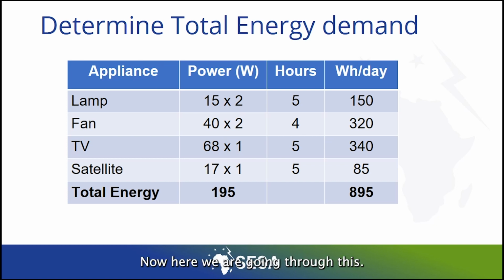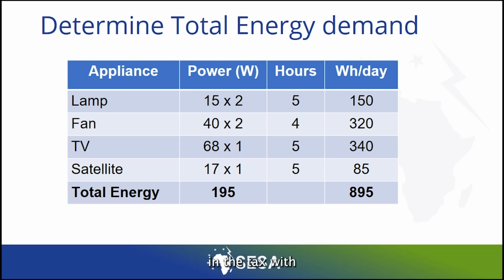Now, here we are going through this exercise in determining the demand using a table. In this table are provided the appliances in the first column and their power rating.